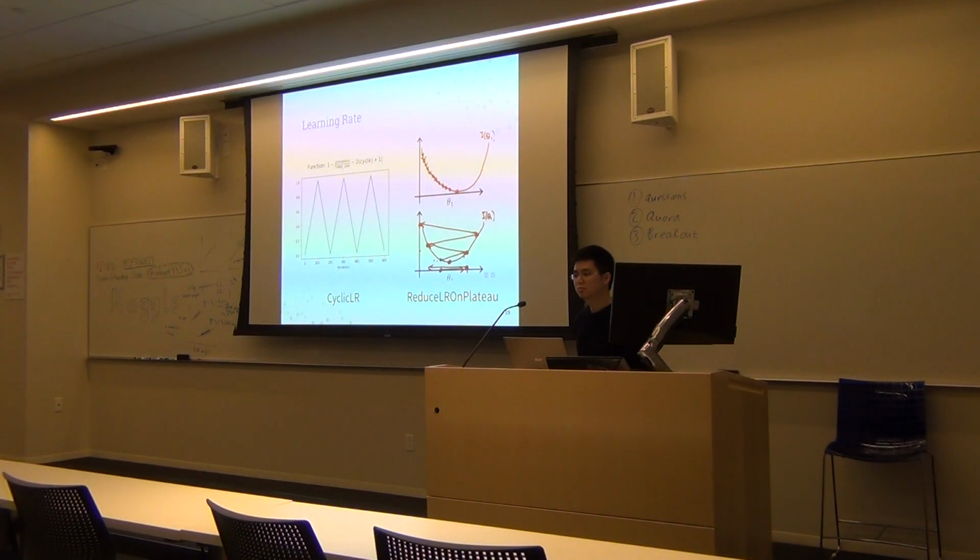Here you cycle between high learning rates and low learning rates. Right, but here you hope that a high learning rate will kick you out of a situation where you may be stuck, just by taking larger steps. Over there you're always going down, but with some probability you can go up. That's my understanding.